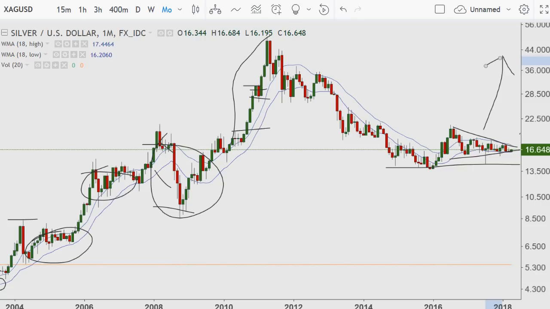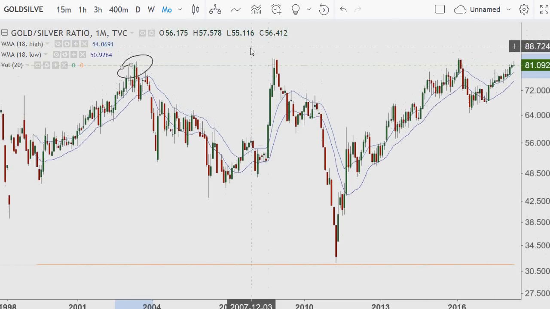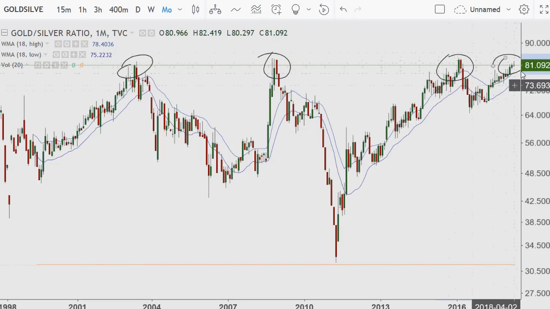Let's go to the gold to silver ratio. And it, like gold, is having major resistance area tests. And within such, we have this resistance. Then we have resistance again, and here we stand today. And this is happening north of the 80 number.